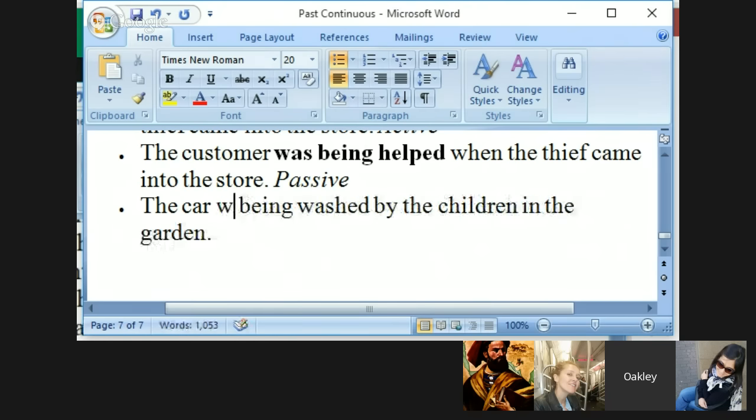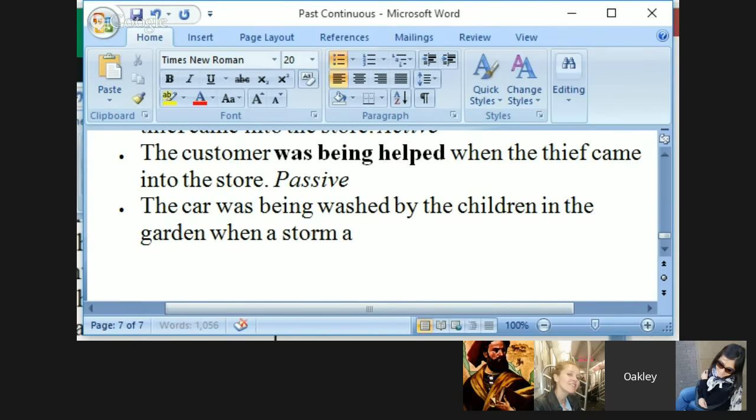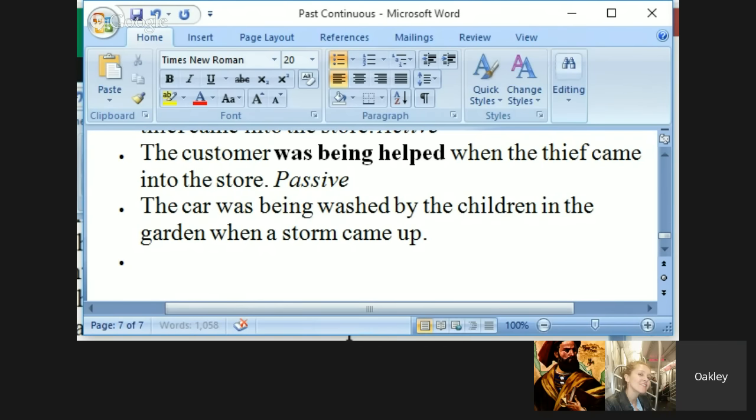So it's just change: the car was being washed by the children in the garden when a storm arose or came up. When a storm came up. I like came up. When a storm came up. Yeah. Okay. Perfect. Great. That's perfect. Yes. Excellent example. All right. Good job.